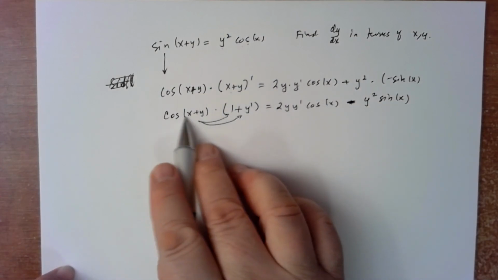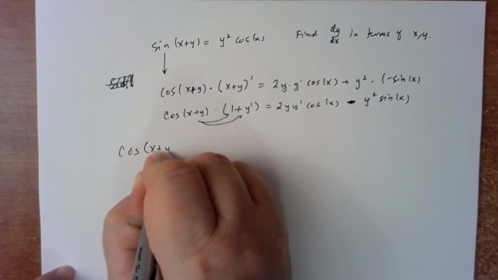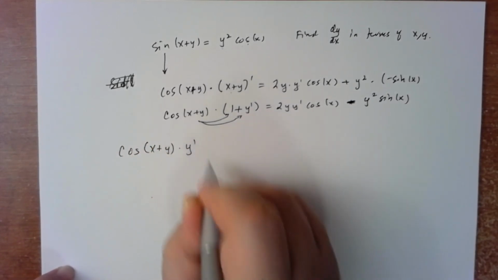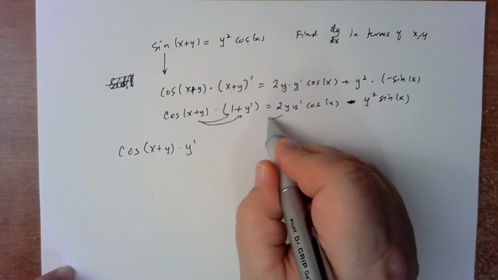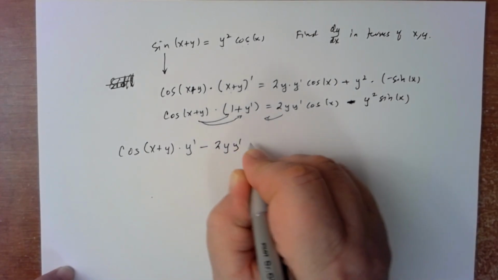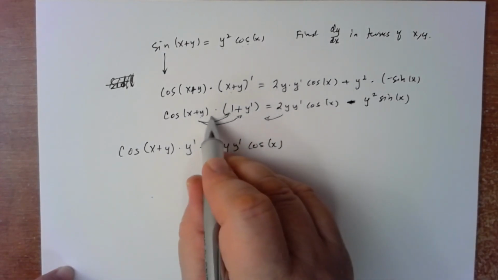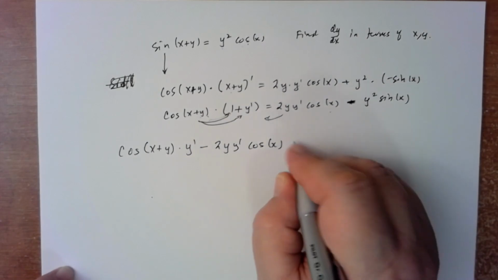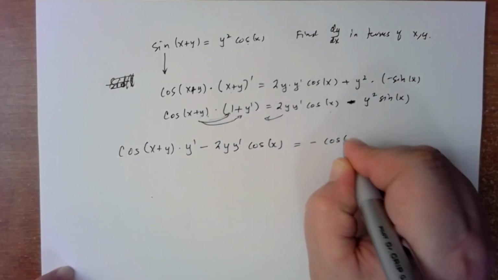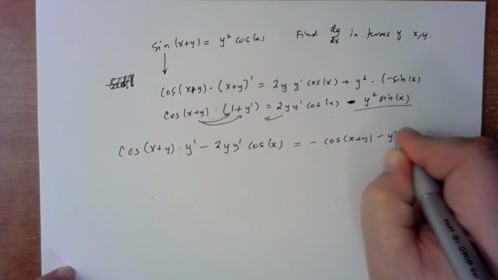So if I have this y prime over here, that's going to be cosine of x plus y times y prime. Bring this one over to the other side, so that's going to be minus 2y y prime cosine of x. And then this cosine of x plus y I'm bringing over to this side, so that's going to be minus cosine of x plus y. And then I still have this minus y squared sine of x over here.